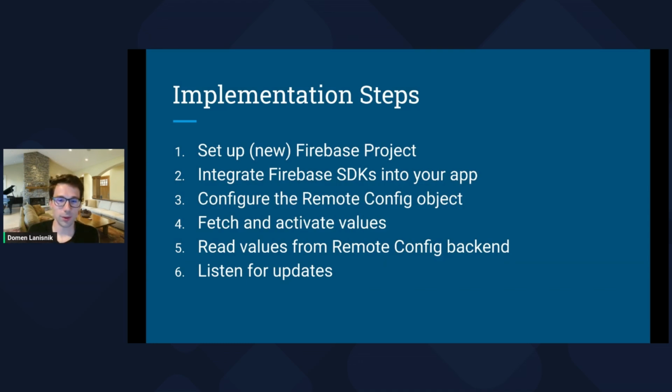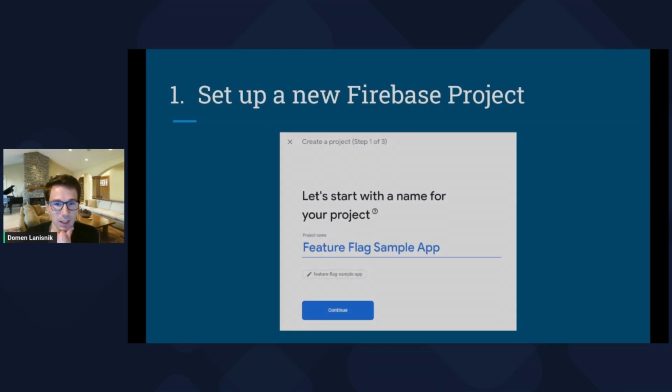So you can do all of this through the Firebase console. It's essentially just a website with all of the functionalities. And if you don't have a Firebase project yet, you will need to create one.